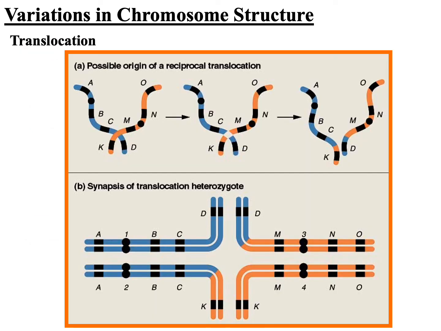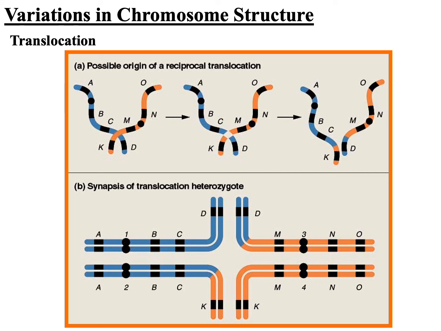Okay, so in this figure, in the top portion, panel A, you can see how this type of translocation could possibly take place. Again, chromosomes are not hard, fixed, rigid structures, but soft, pliable, flexible structures. Again, think spaghetti noodles, cooked spaghetti noodles. And so what you see in panel A, the first portion, is these 2 chromosomes, again, not homologous, happen to just come in contact with one another or come very close to one another.